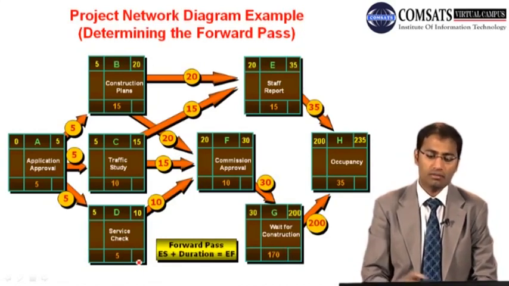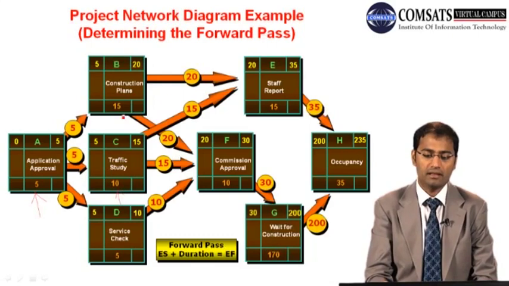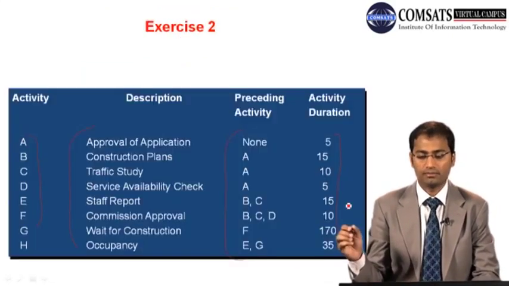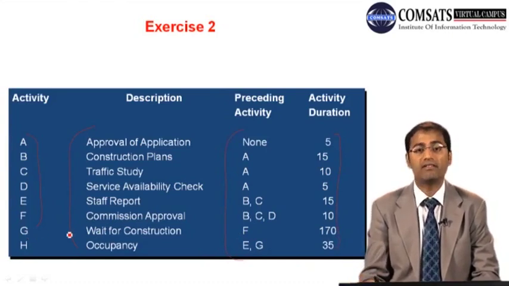Now I will try to explain how these things work. These are the durations, and these are from the previous slide. Remember the previous slide over there. Let's see, the duration of activity G is 170 work units, like days or weeks, whatever the time is.